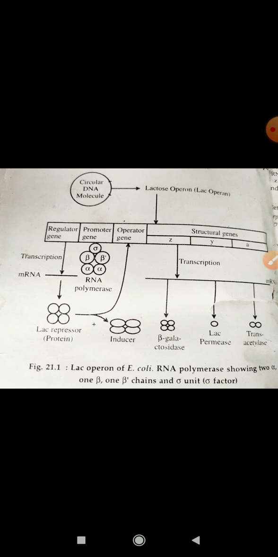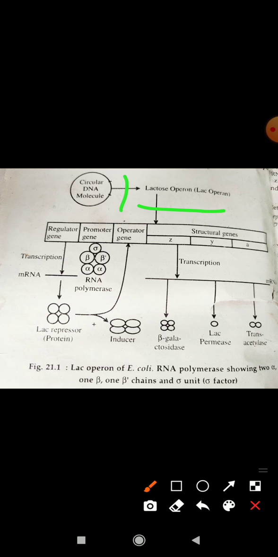Lac operon in Escherichia coli is a small segment of circular DNA. See here, a small segment of circular DNA molecule. Lac operon consists of 4 types of closely associated genes.